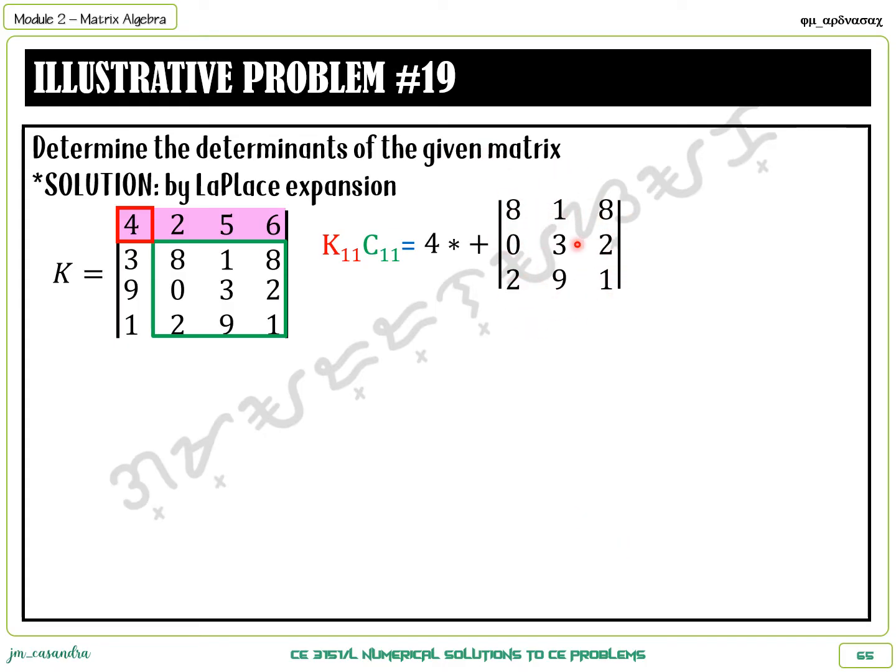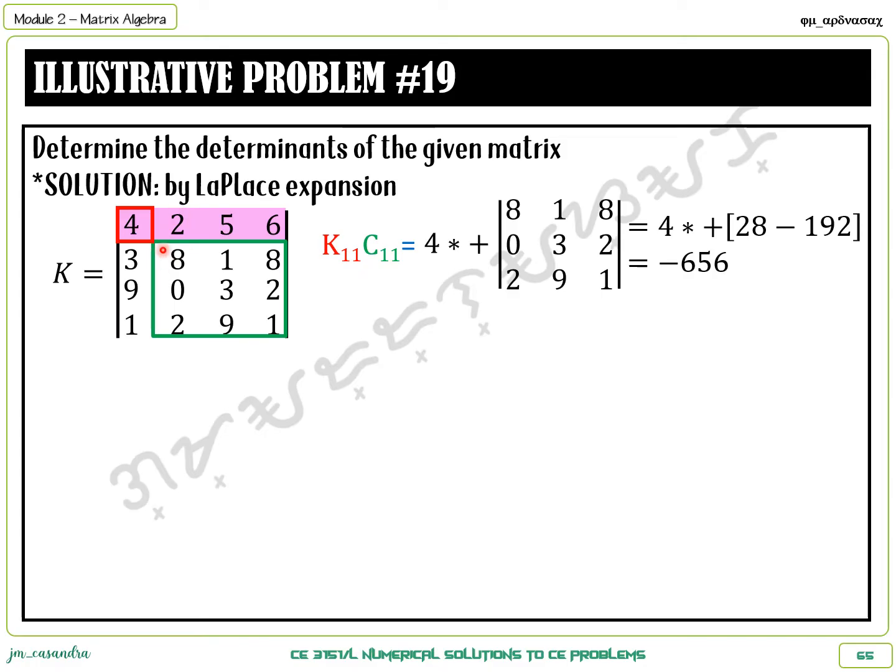The sign convention for the cofactor for the first element is plus. So we have now here a 3 by 3 matrix, so we could apply the Sarrus rule for the minor matrix. So we'll now have 4 times 28 minus 192. Simplifying this, we now arrive at negative 656. Okay?